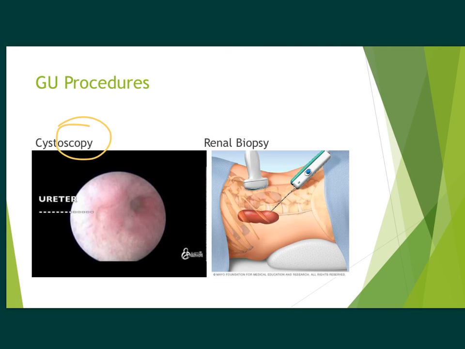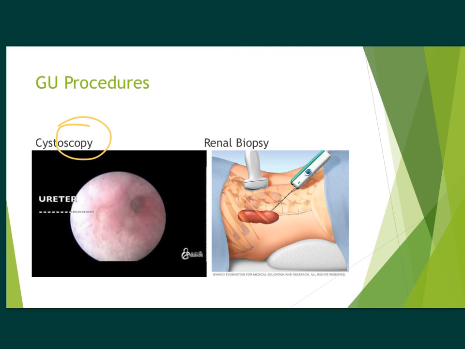The next would be a renal biopsy, and a renal biopsy would be done, for instance, if we were concerned that there was some type of kidney cancer, a kidney lesion, or we were unsure about the cause of possible kidney failure. And so this is going to be done in invasive radiology.